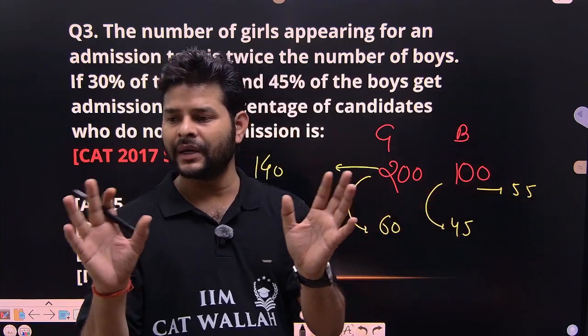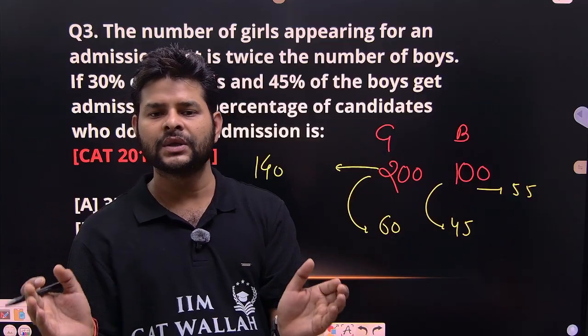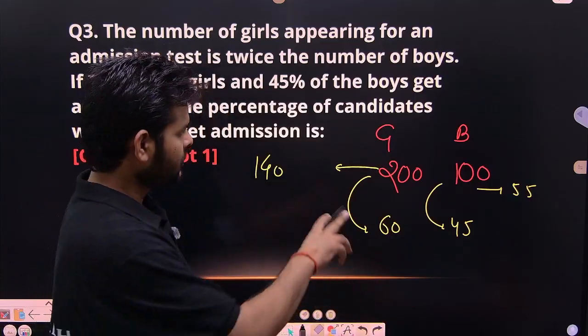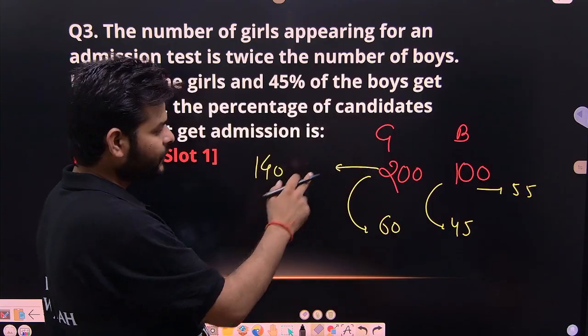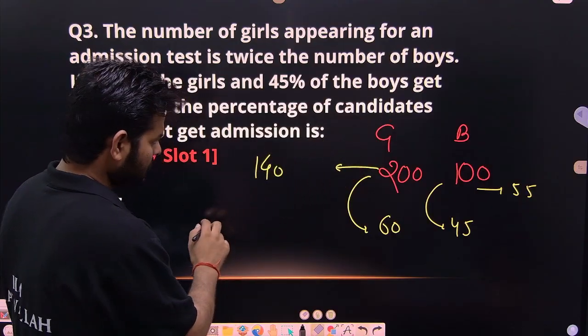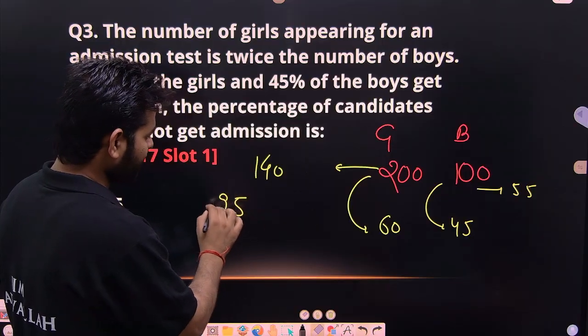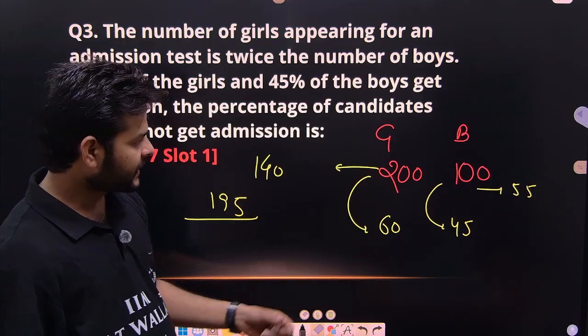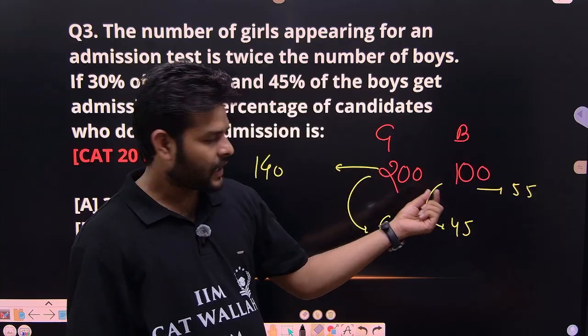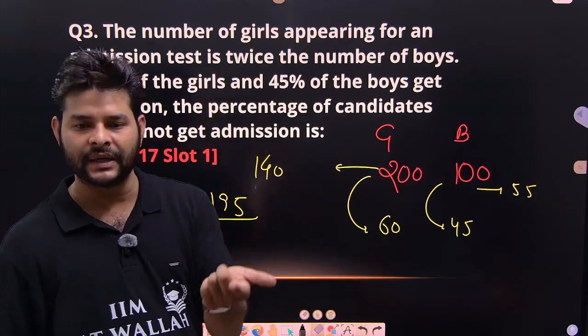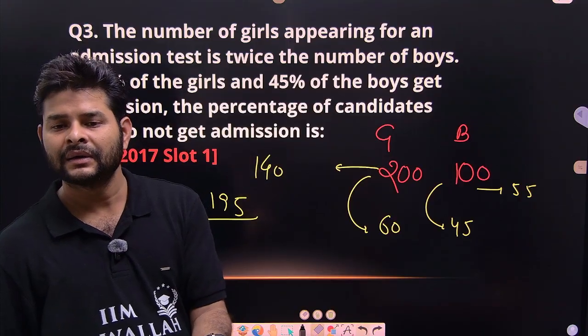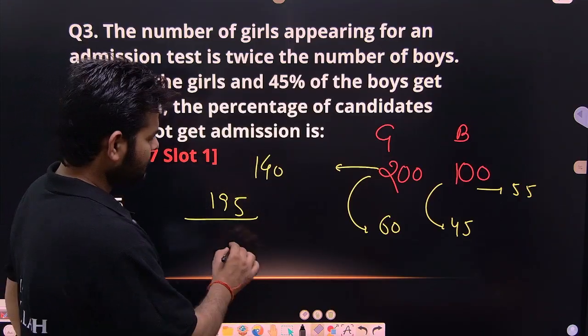So the total number of students who didn't get the admission, you need to add them. So that value would be 195. So basically, 195 out of 300 didn't get it. So what would be the percentage? Just simplify.